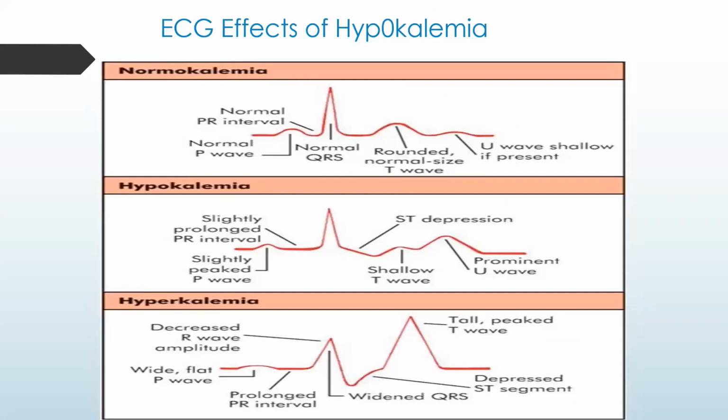ECG changes with hypokalemia include ST segment depression, flat or inverted T waves. Dysrhythmias can lead to death, particularly in older adults who are taking digoxin. There's an increased incidence of potentially lethal ventricular dysrhythmias.